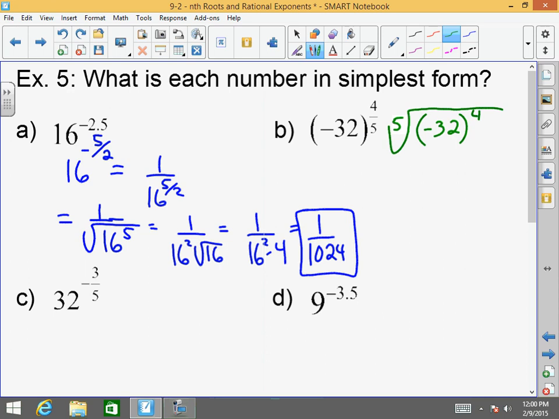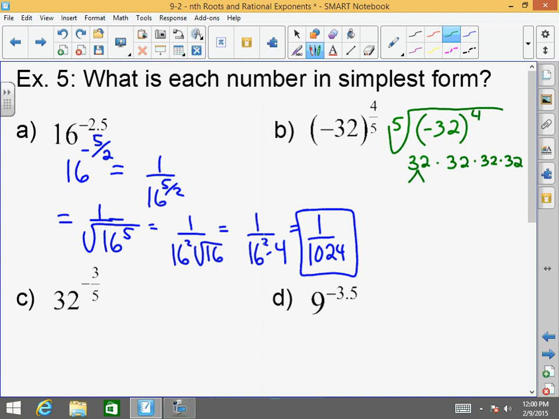Now, what sometimes people do is they say 32 and then they raise it to the fourth power and then they start breaking it down from there. I don't like to do that. I like to do it as such. First of all, if I multiply negative 32 times itself 4 times, I'm going to get a positive answer. So I'm going to break this down to 32 times 32 times 32 times 32.